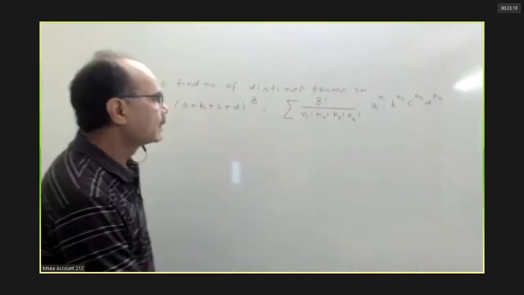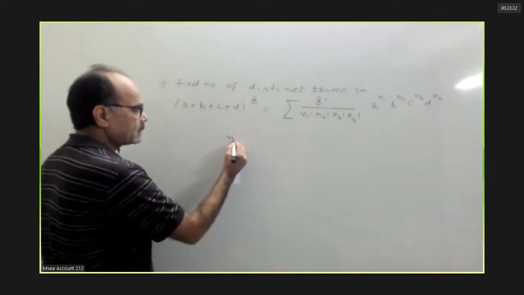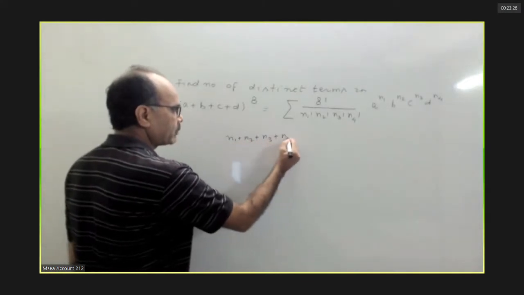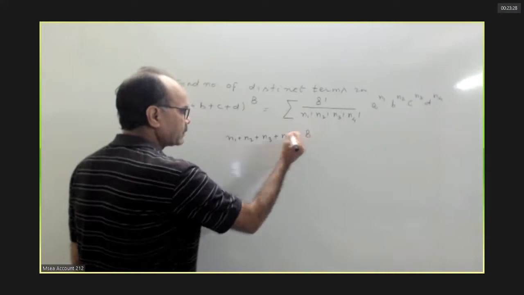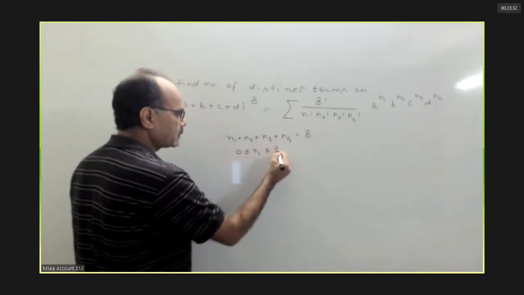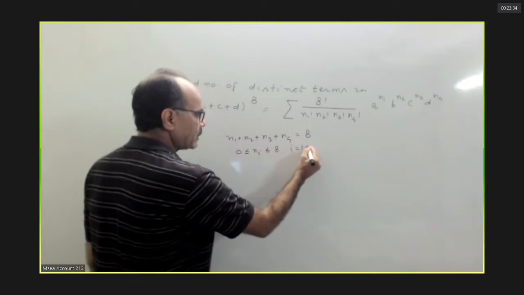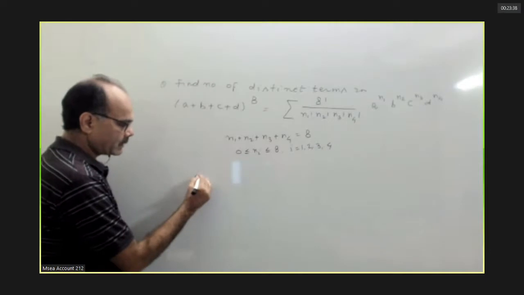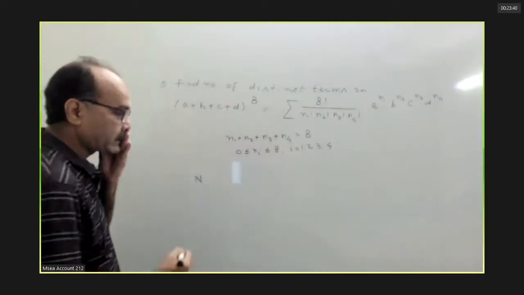Now, what is the condition? n1 plus n2 plus n3 plus n4 equals 8, with 0 less than or equal to ni less than or equal to 8, i going from 1, 2, 3, 4. The number of solutions will be the number of terms.